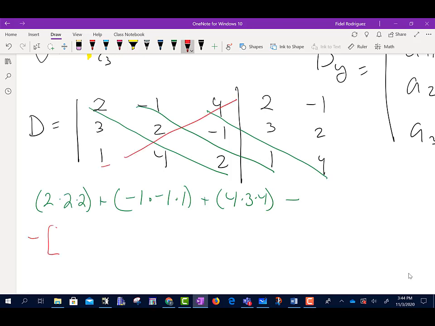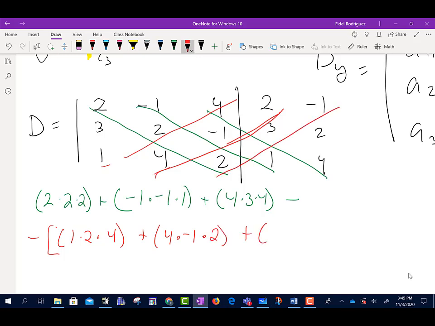I'm going to go up this way. So 1 times 2 times 4, okay, plus 4 times -1 times 2 plus 2 times 3 times -1. Okay.